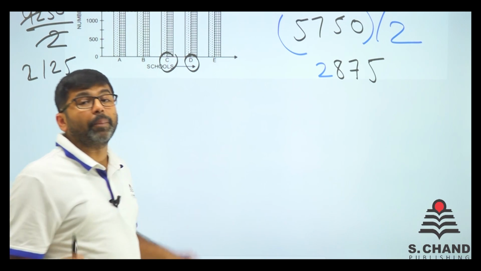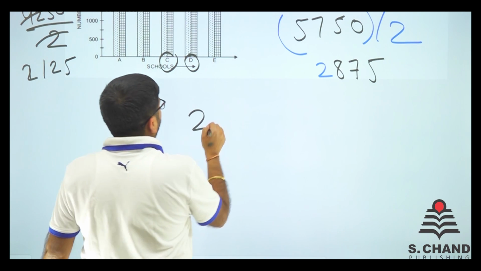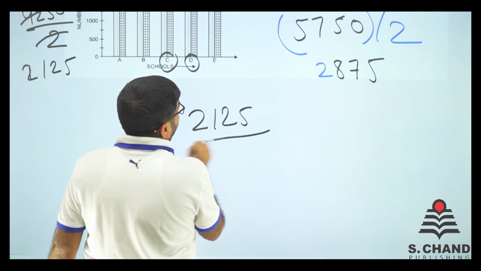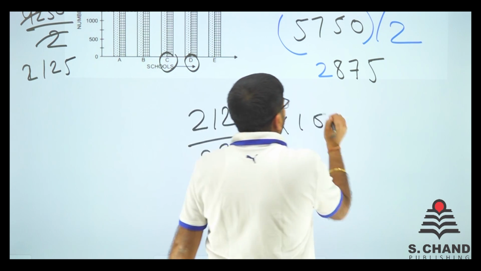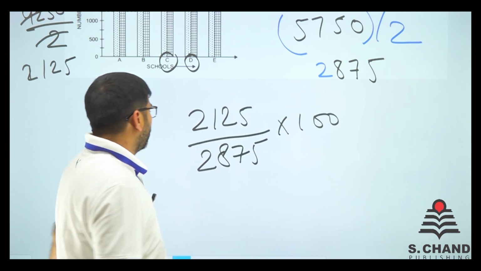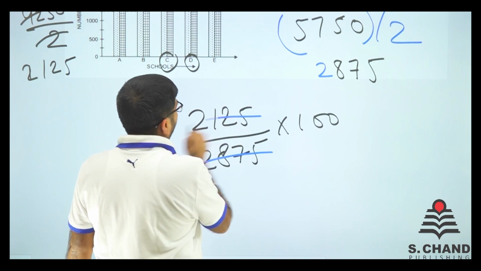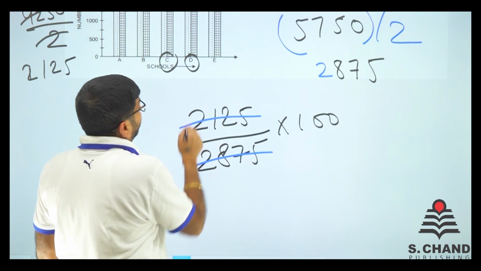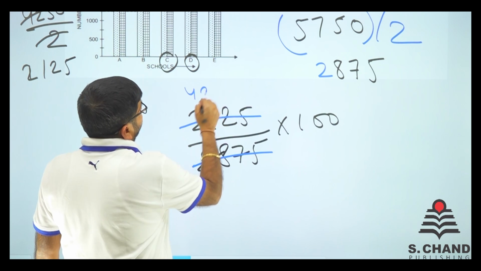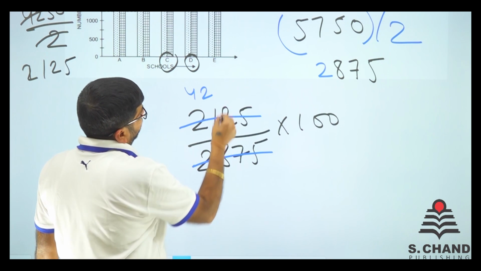Now we need to know the percentage. So for percentage, 2125 divided by 2875 into 100. That is what we actually want to know. So what we'll do is just calculate this, divide by 5. When you divide this by 5, 21 is 4 times, 12 is 2 times, then it is 5 times.